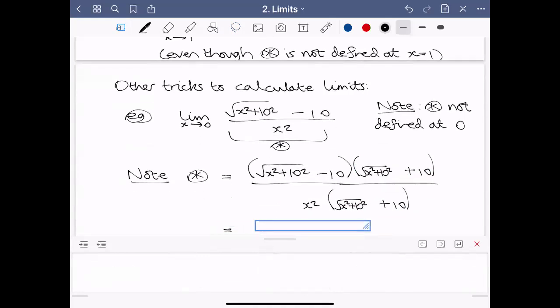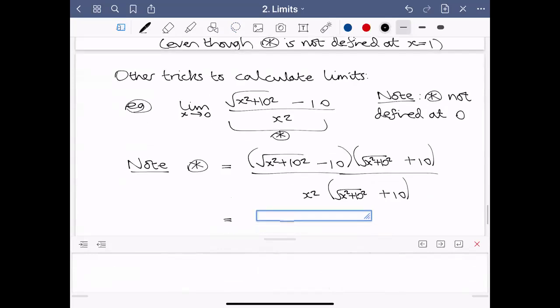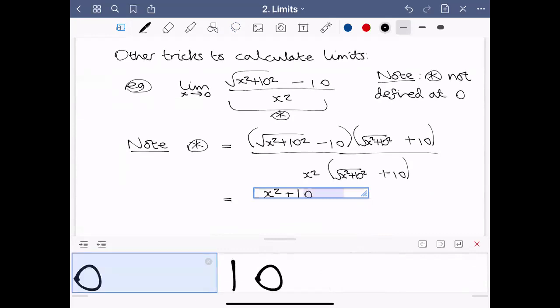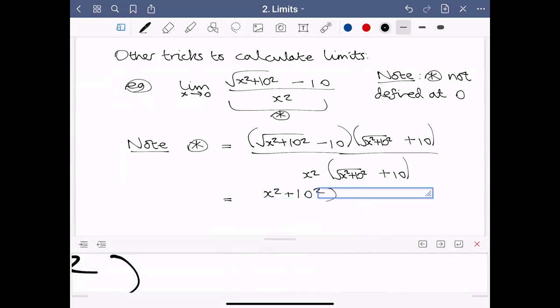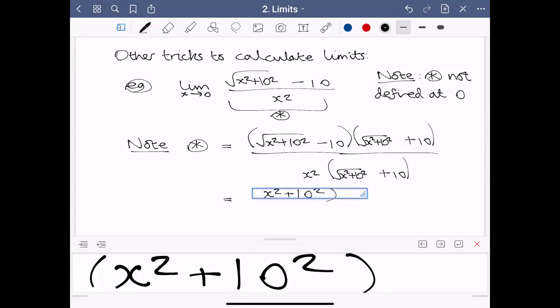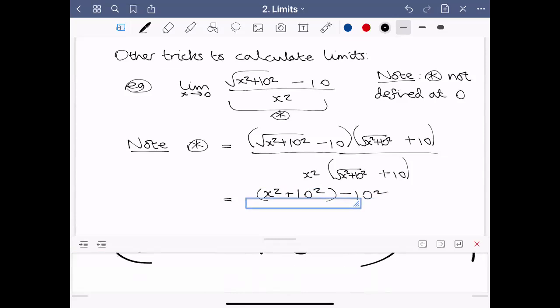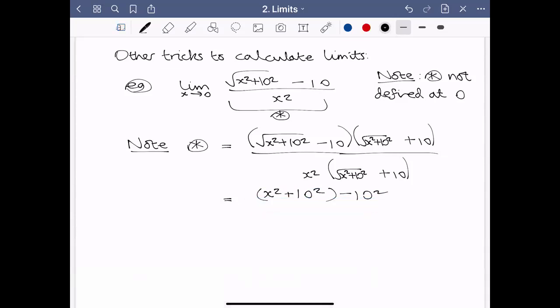And then what do I get? Well, on the top we have a difference times a sum, so we get a difference of squares. X squared plus 10 squared minus 10 squared. And now we see the trick.